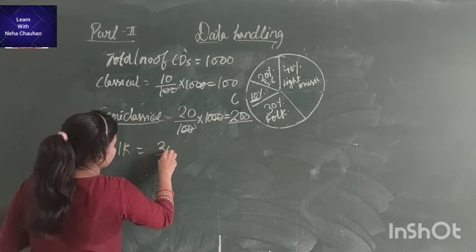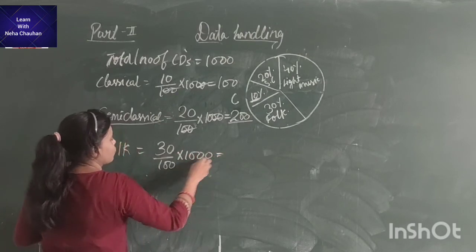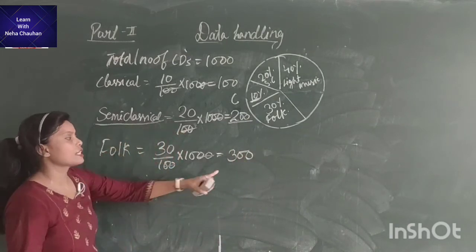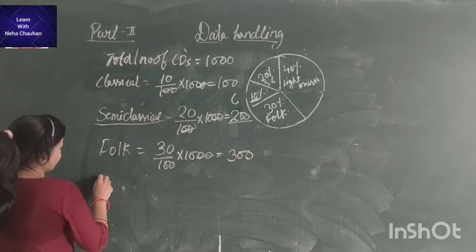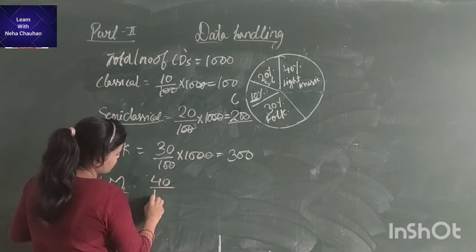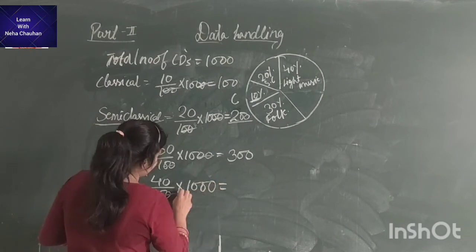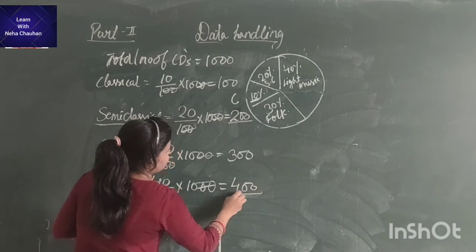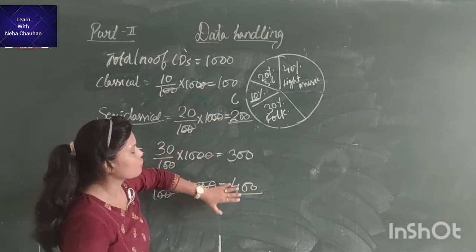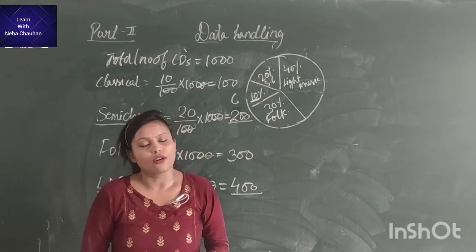Folk is 30%, so we will get 300. 300 CDs will be of folk music. And light music, 40% divided by 100 multiplied by 1000, that will be 400. So this will be the distribution of the CDs according to this percentage. The rest of the questions you will try on your own.